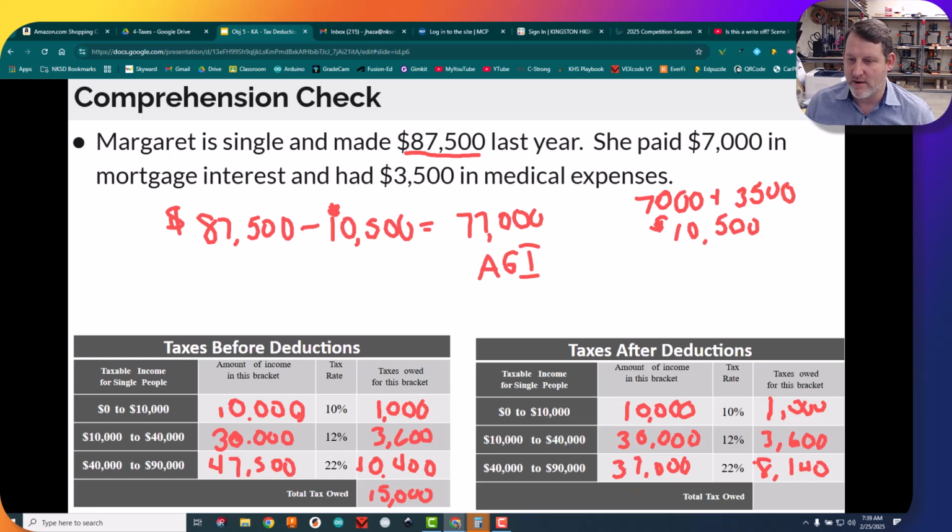This number is smaller. So she ended up saving just over $2,000 in taxes. So here we take this and it's $12,740 in taxes. So a little over $10,000 in deductions only saved her just over $2,260 in taxes. So you don't get the full money back for a deduction, you just get back the taxes that you paid on that money. All right, hopefully that's clear.